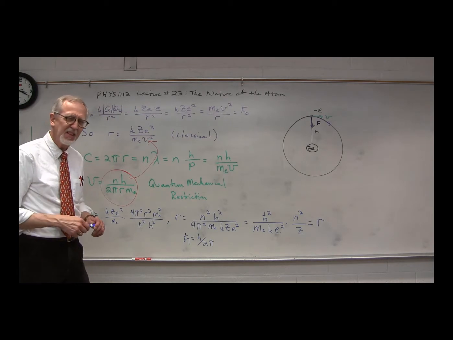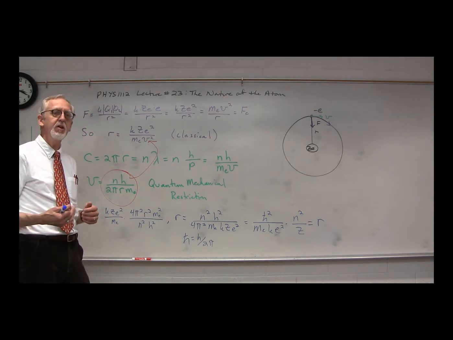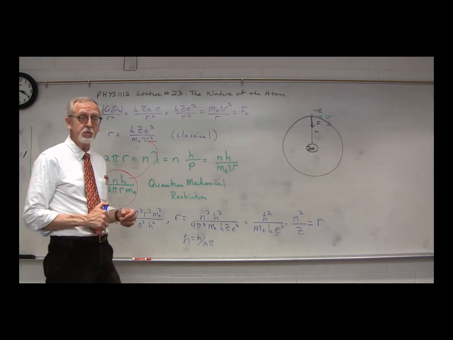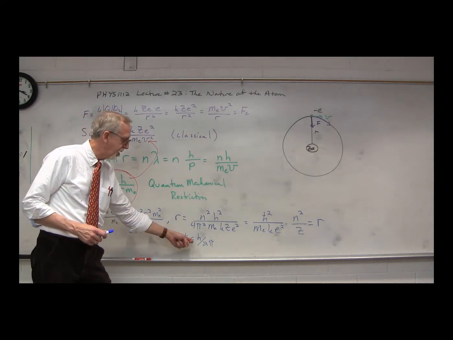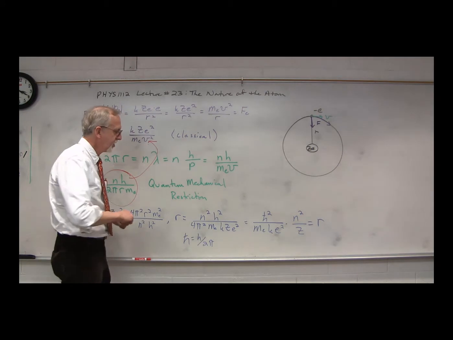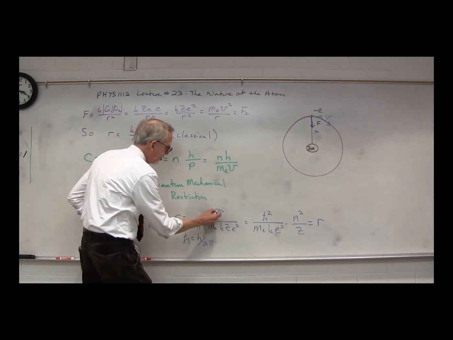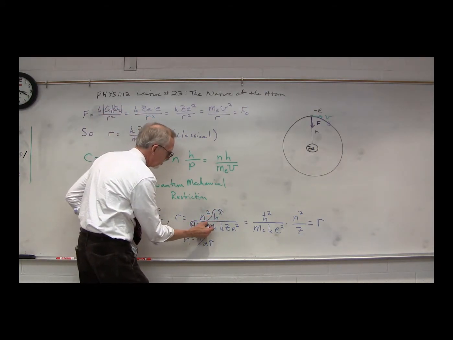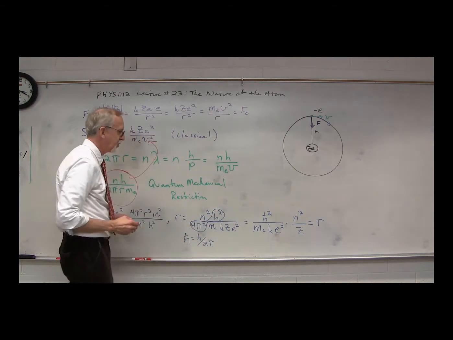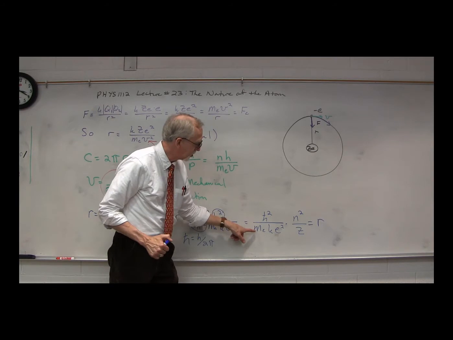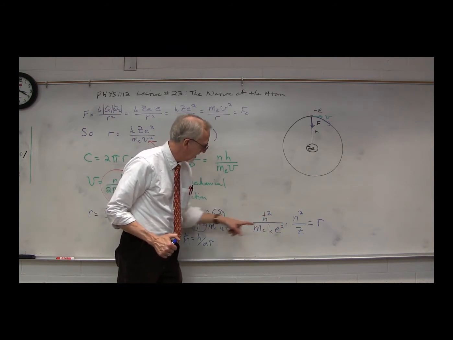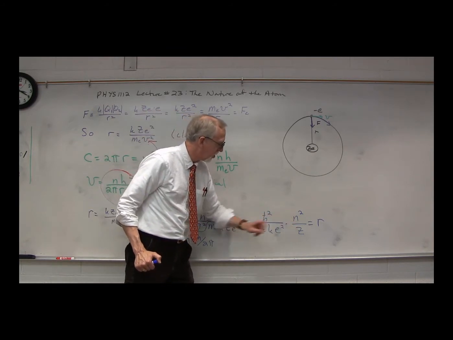Now, just to make this a little bit easier, there's another value that's referred to as Planck's constant, but it's referred to as h bar, where h bar is h over 2 pi. So I can actually remove this h squared over 4 pi squared and write that as h bar squared. So it makes it a little bit easier. We have h bar squared over m_e k e squared, and then also times n squared over z.